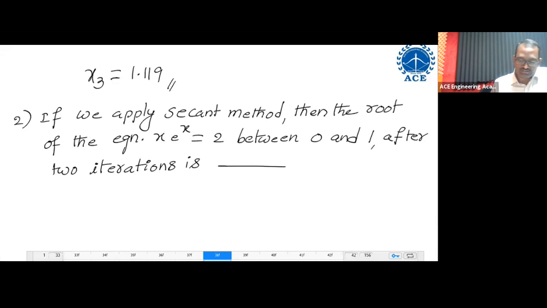Try it yourself later. This is also similar to the previous problem model. Answer: 0.839.